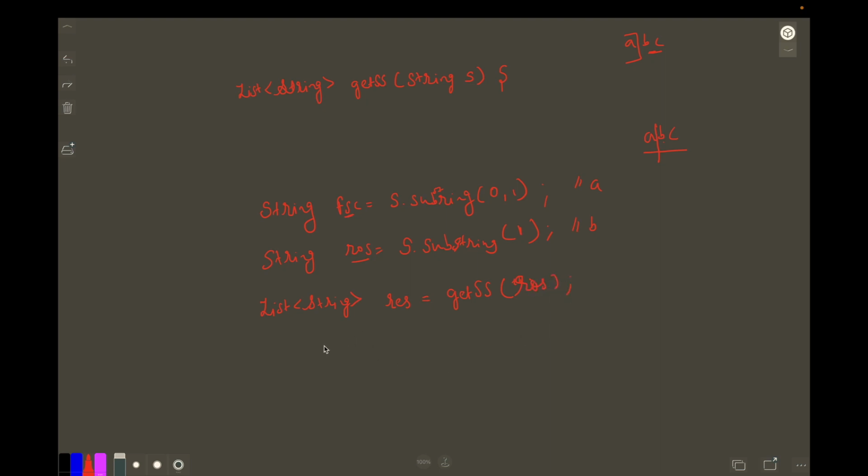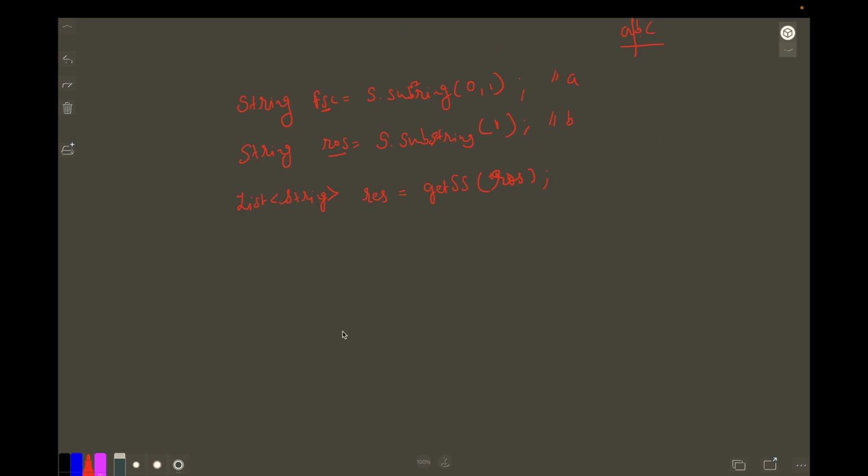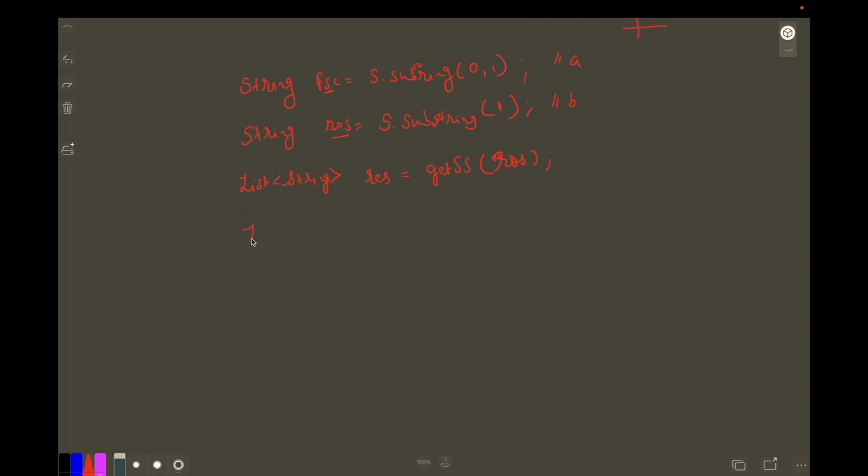Okay, once I get the result for the rest of the string, what I need to do is make another list. I will name that as all result new, an array list.